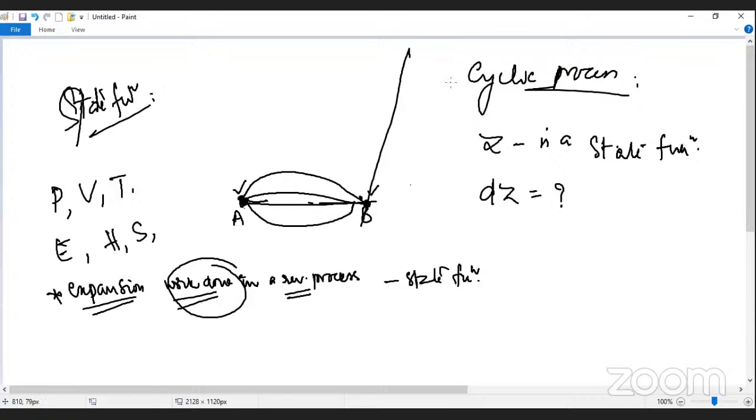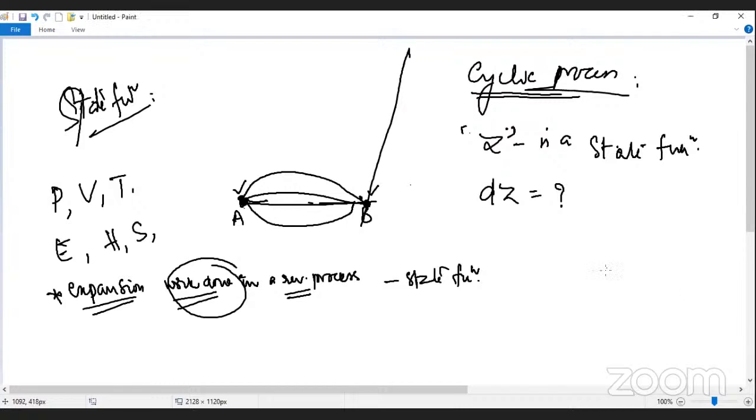No, I'm considering Z as a state function. Here the system is operating in a cyclic process. Yes, sir, because there will be zero displacement. Right.